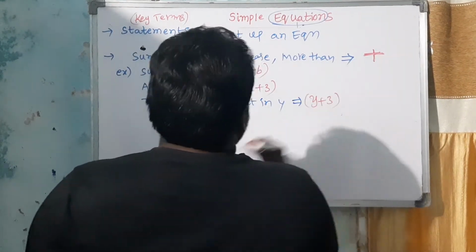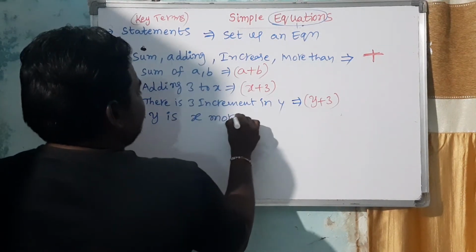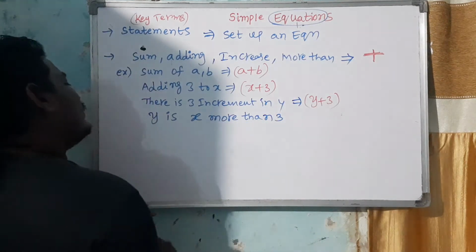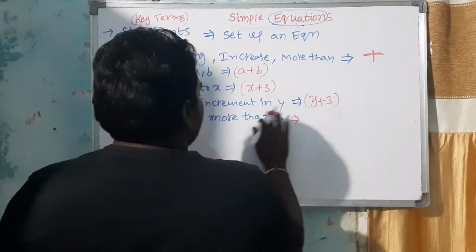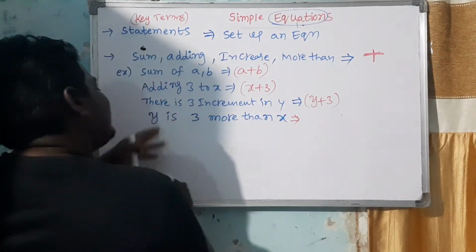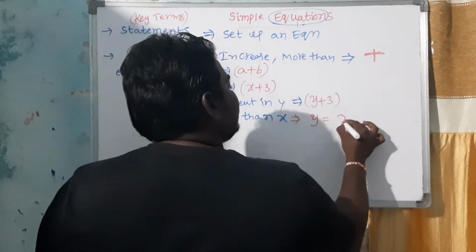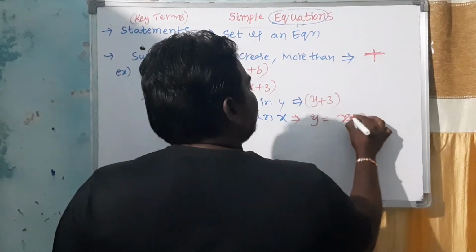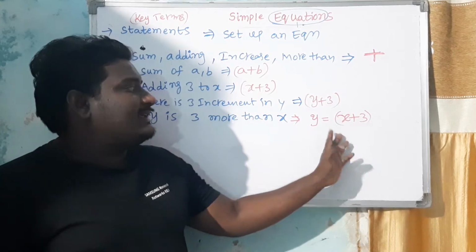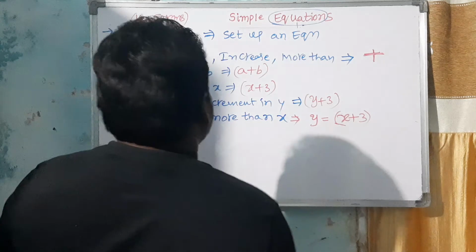Y is 3 more than x. Y is 3 more than x means y is x plus 3.